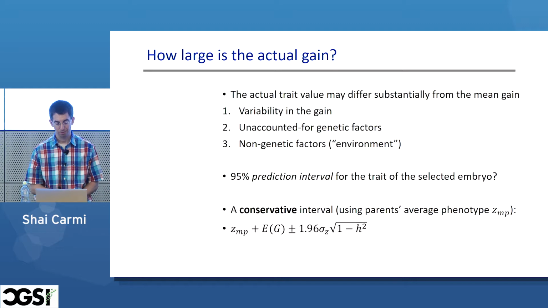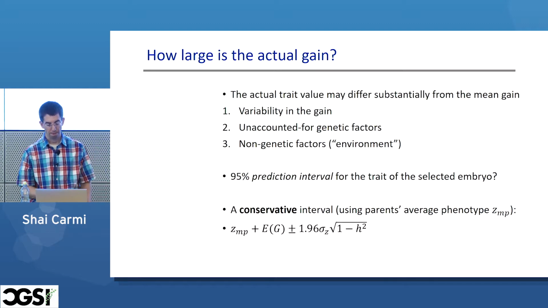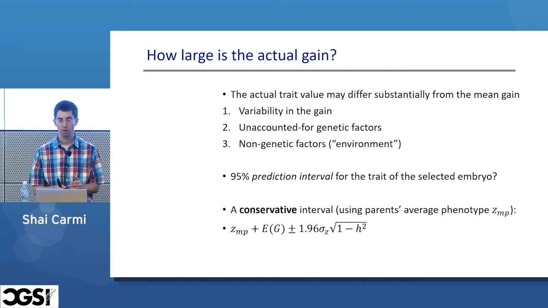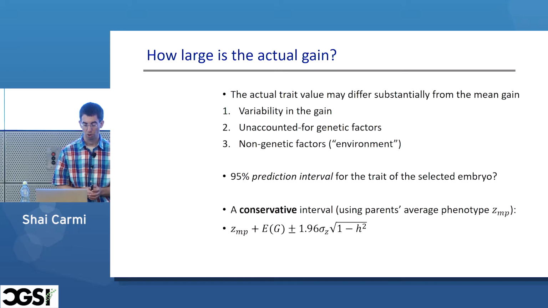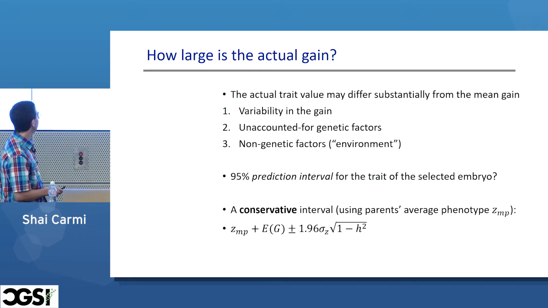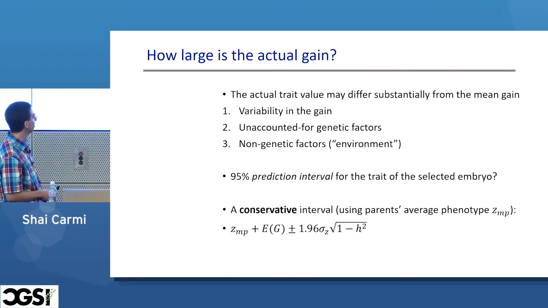It's actually quite difficult to say something more accurate than that. The reason is that we can predict the trait of the child not only using the polygenic score, but also using the phenotypes of the parents, which we usually know. So the trait of the child will be centered around Z_MP, the mid-parental value, which is the average value of the trait across the two parents.